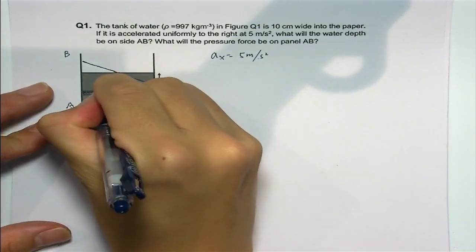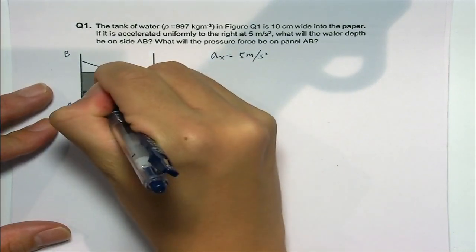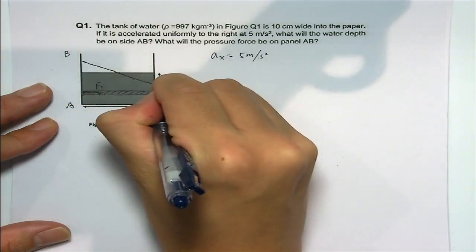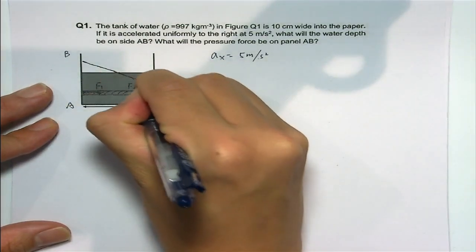We do the force analysis. For this small part, in the axial direction, it should have two forces, right? So the pressure from the left, which is F1, and the pressure on the right, F2, right?